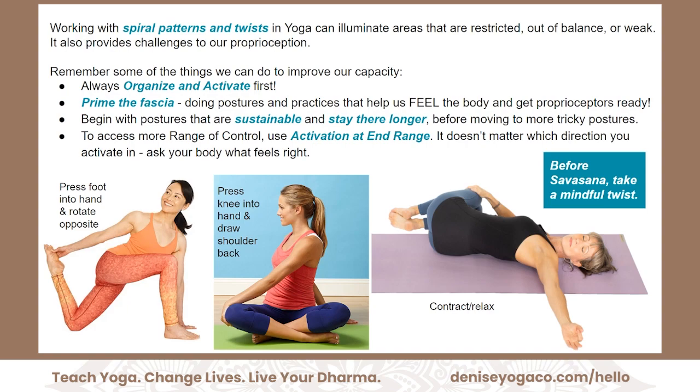And these can be a really interesting challenge for not just your strength, but also your proprioception and your connection with your body. So some of the things we can do to work on improving our capacity, whatever that is, for balance or for strength, equal balance in strength on both sides, or better proprioception, anything like that.